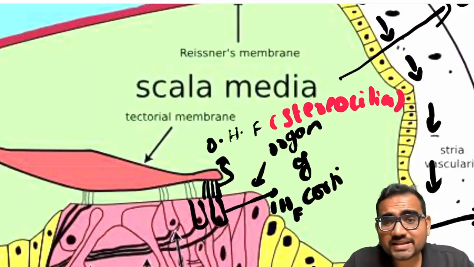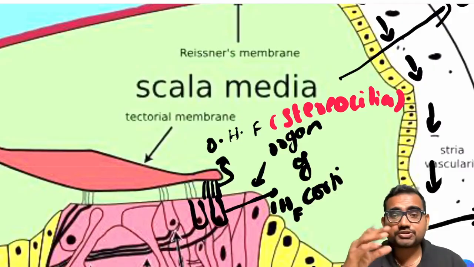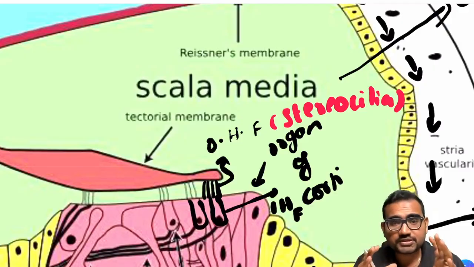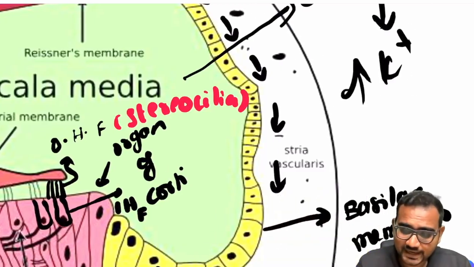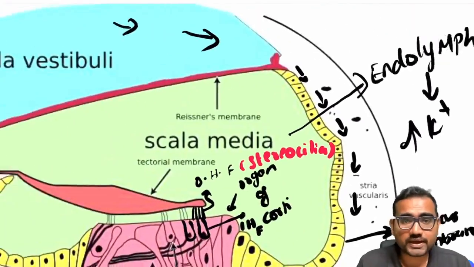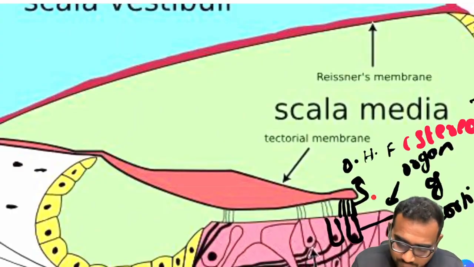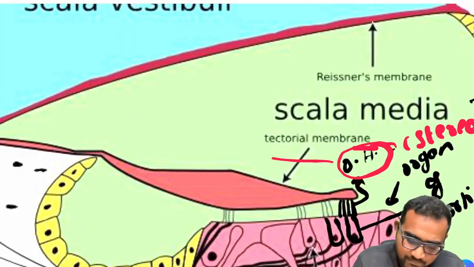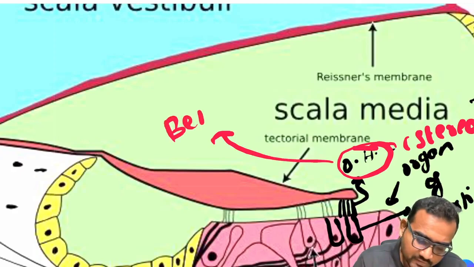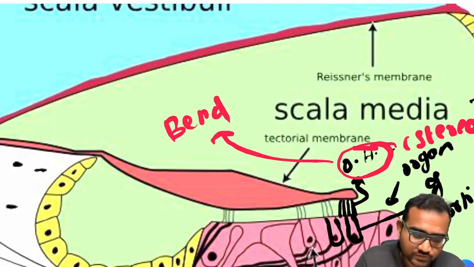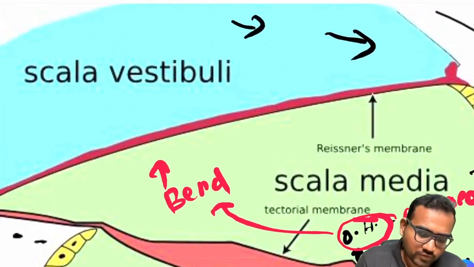These hair-like structures start to bend once the vibration is received. As I told you, scala media is rich in potassium. Once the outer hair cells bend, that results in opening of potassium gated channels.